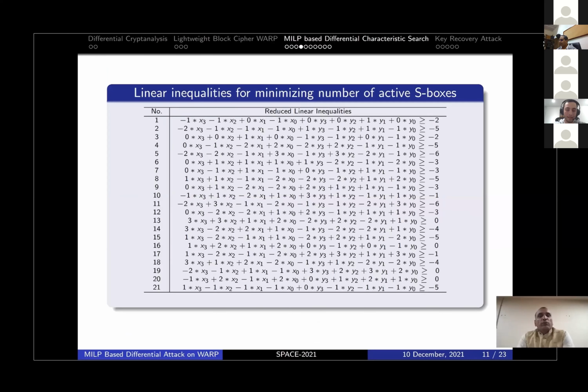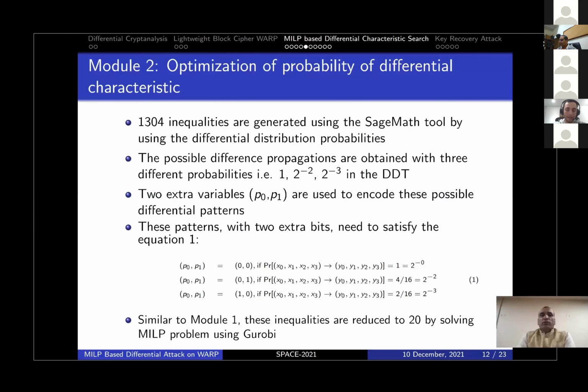Now in module 2, we optimize the probability of differential characteristics. For this, we consider the possible difference propagations in the DDT of our S-box. There are 3 possible patterns: 1, 2 to the power minus 2, and 2 to the power minus 3. We encode these possible patterns using two extra variables P0 and P1.